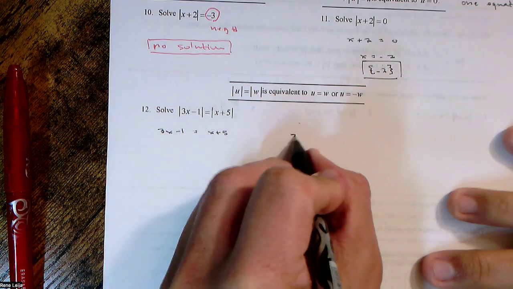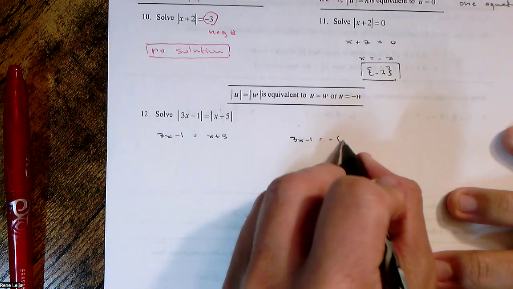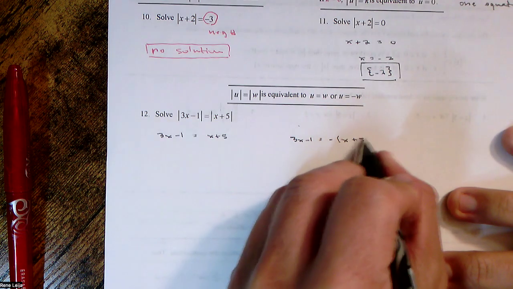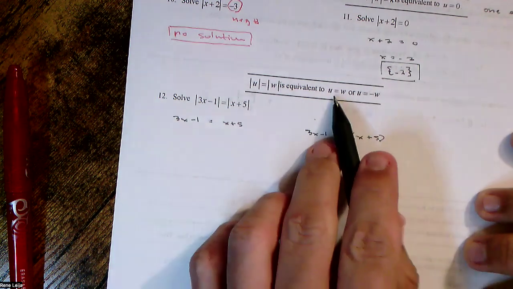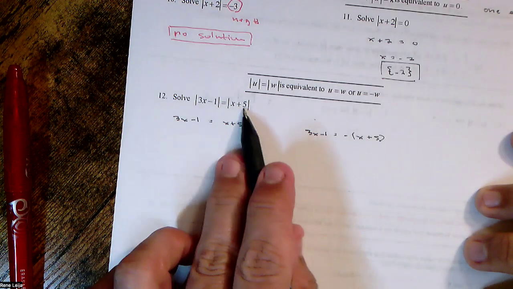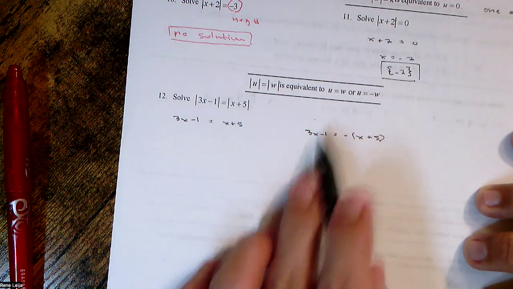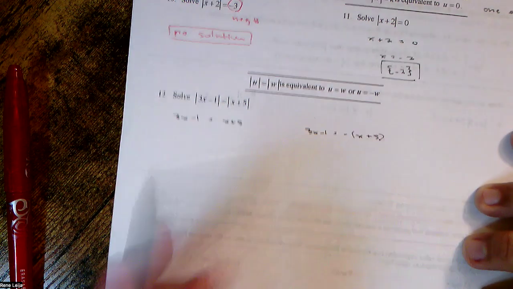And the other equation would be 3x minus 1 equals its negative x plus 5. Okay, so you can see u equals w. This is u and that's w. Or u equals negative w.